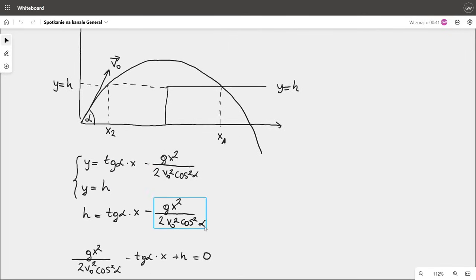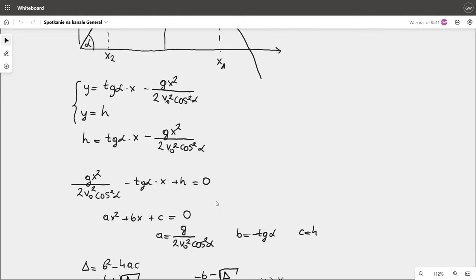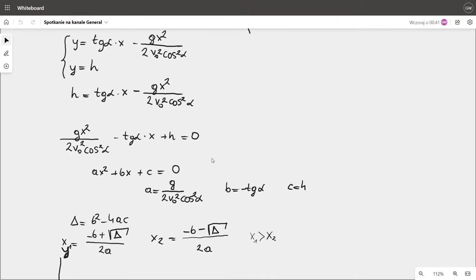We've done it here. And take all these expressions to the left side. As you can see, we have quadratic equation, and we can calculate roots of this equation.